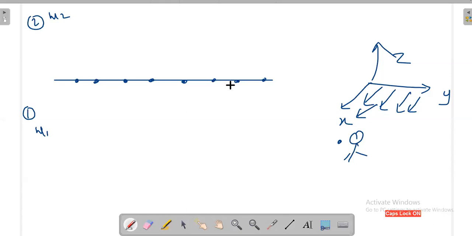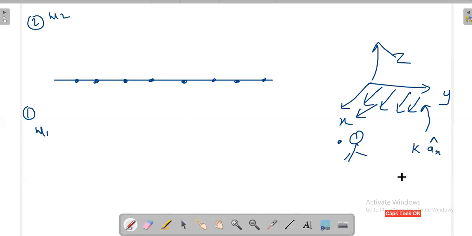The direction of the current is in the x direction. Now my question is, if this is a surface current, the surface current value is K, and very clearly it is in the direction of x, so K a x cap.